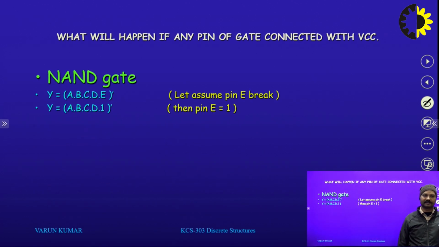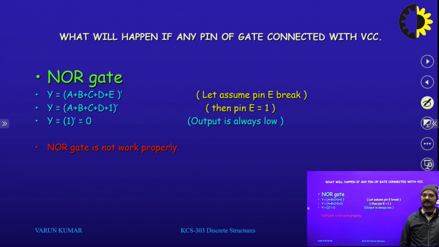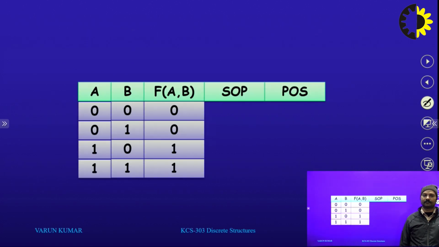So we conclude this, and similarly for the NOR gate, it does not work properly. We check that if our input variables are A and B and our function is this, with minterms 0 0 and 1 1, what can we write in SOP?